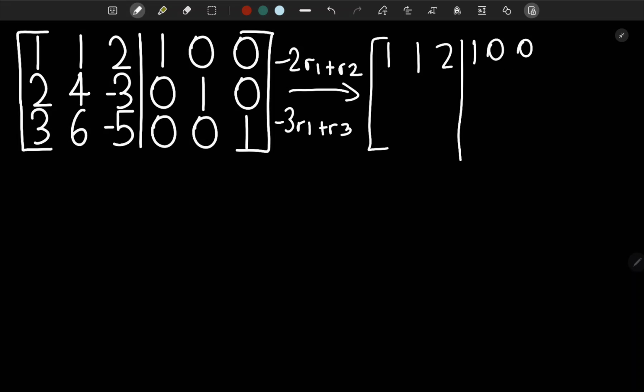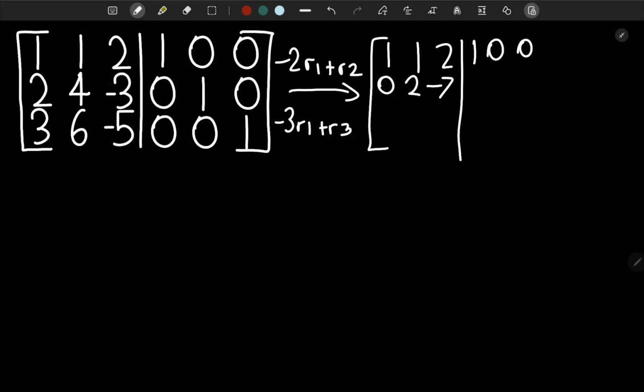So now minus 2 r1 plus r2 will be 2 minus 2, which is 0, and then 4 minus 2, because we are multiplying minus 2 with 1 here first, and then we are adding it to r2. So here we will have 2, and over here we will do 3 minus 4, so it will be minus 7.